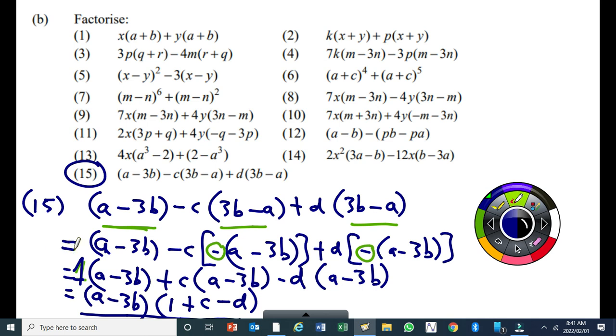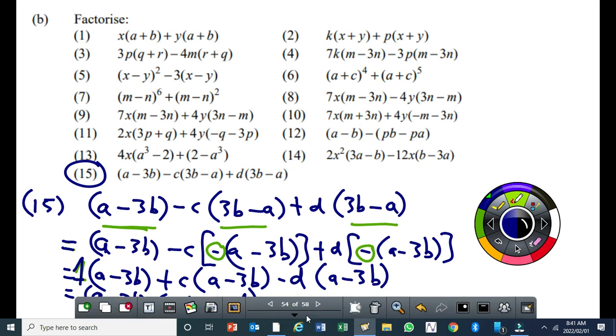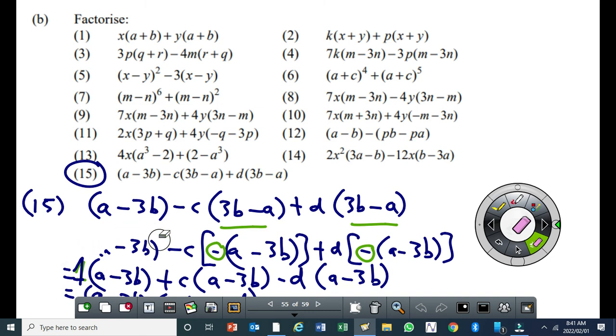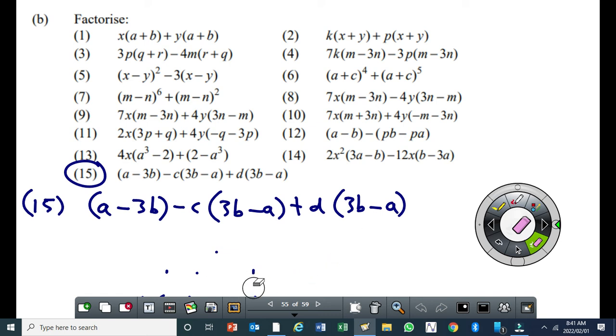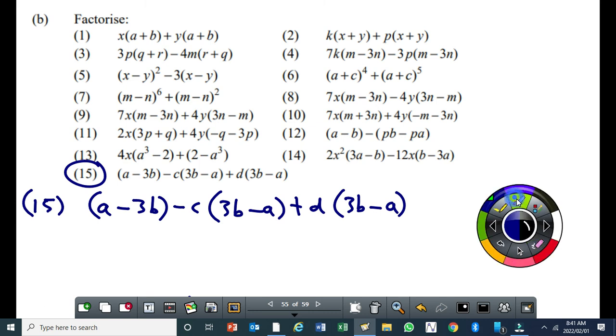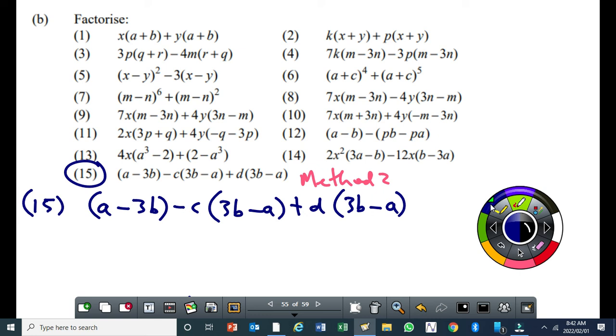All right. So let me erase this quickly. I'm going to redo starting from that step. So let's call this one method 2. You can write that in your book, that's method 2. The previous one is method 1.